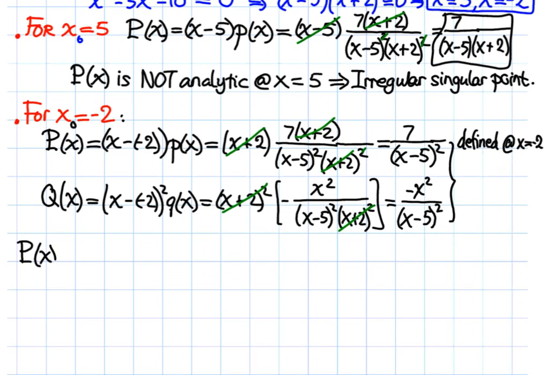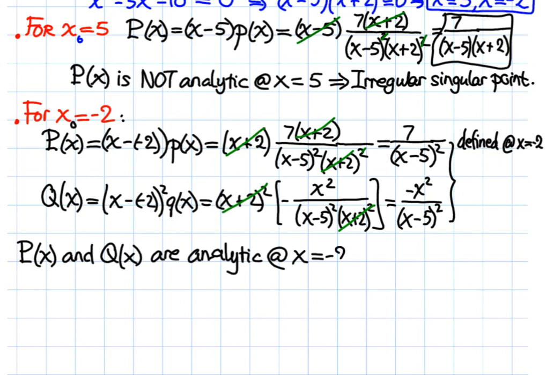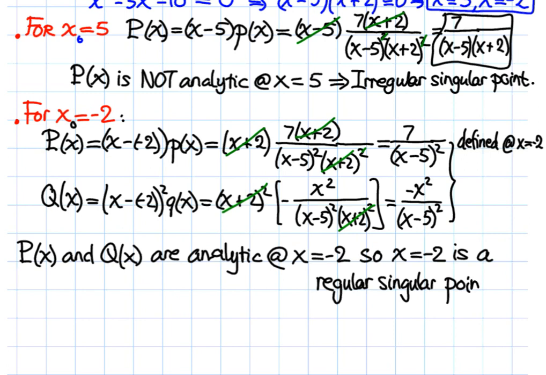P of x and Q of x are both analytic, so x equal to negative 2 is a regular singular point. And that's what we have for this problem.